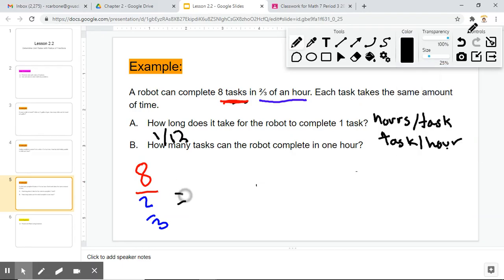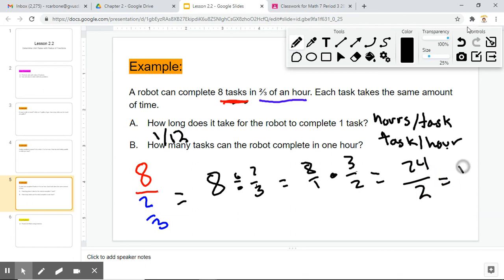All right, now we're still going to use our KFC method here. So we have an 8 divided by 2/3. Well, that's the same as 8 over 1 times 3 over 2. And as we multiply this out here, we would get 24 over 2, which would be equal to 12. So how many tasks can the robot complete in 1 hour? 12 tasks per hour.